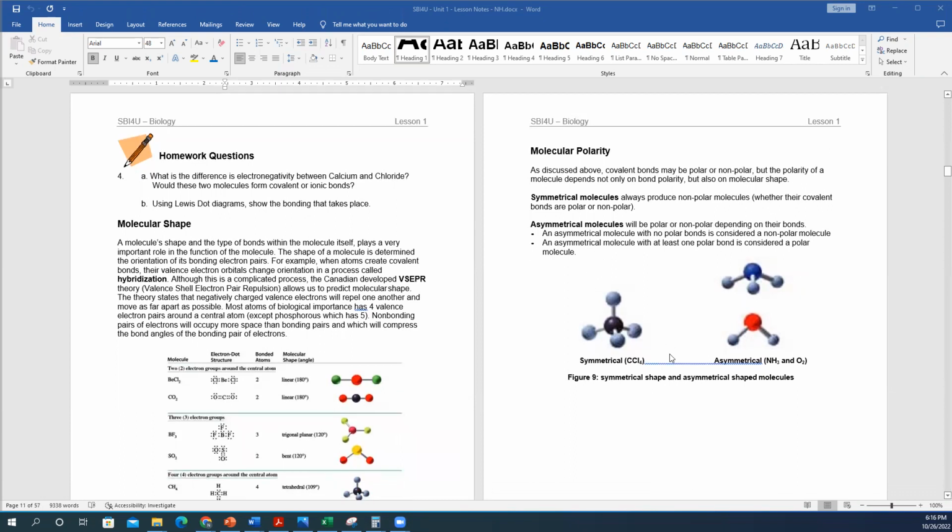Whereas in asymmetrical molecules, it just depends on the type of bonds and how those polar or non-polar bonds are arranged. Overall, an asymmetrical molecule may either be polar or non-polar, depending on the bonds and the geometry.